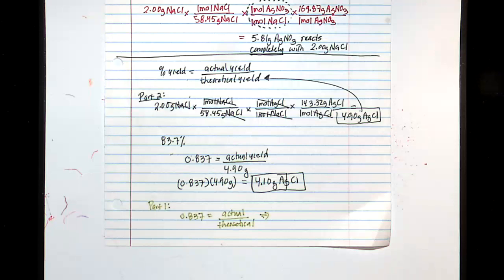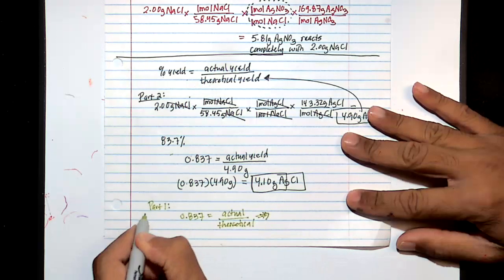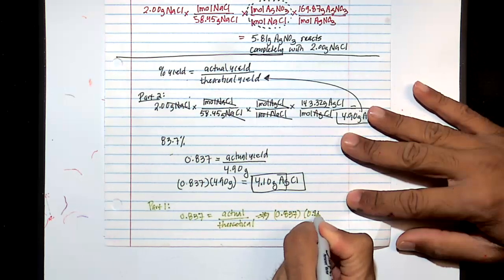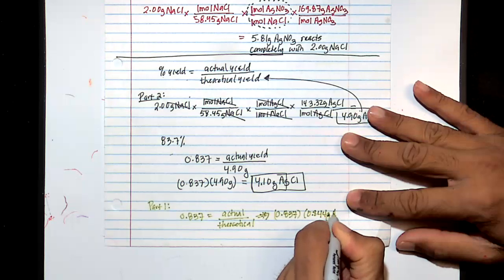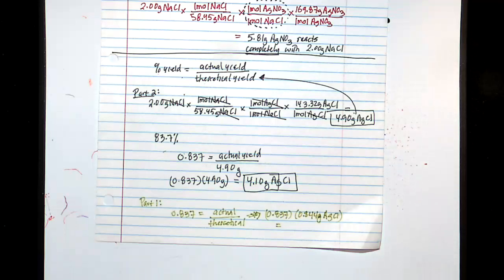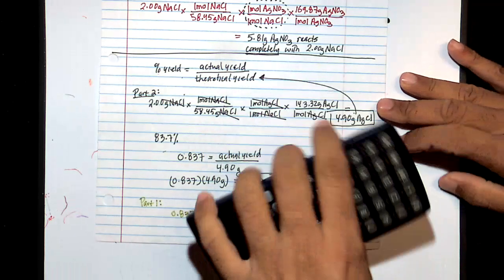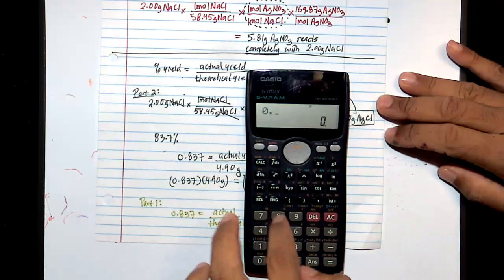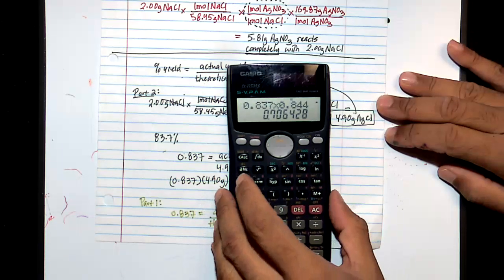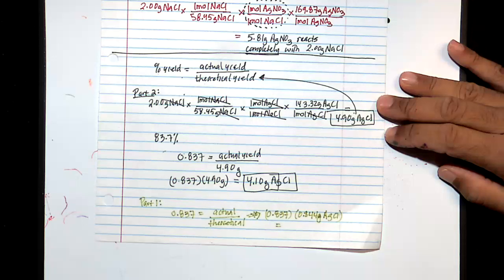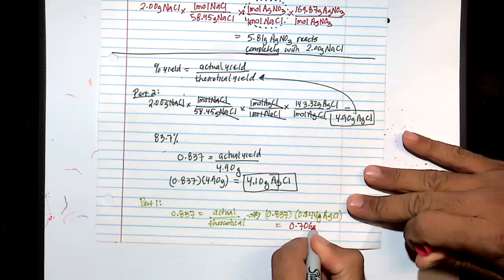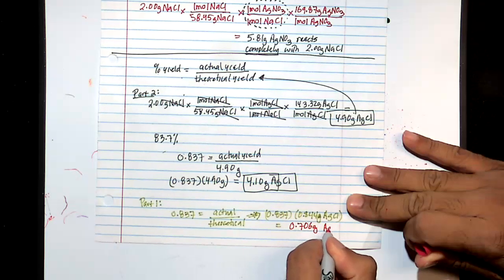And like we did up there, we would just bring that over and find the actual yield by multiplying the other two numbers. Okay, this is for part 1. So 0.837 times 0.844 is 0.706 grams of AgCl.